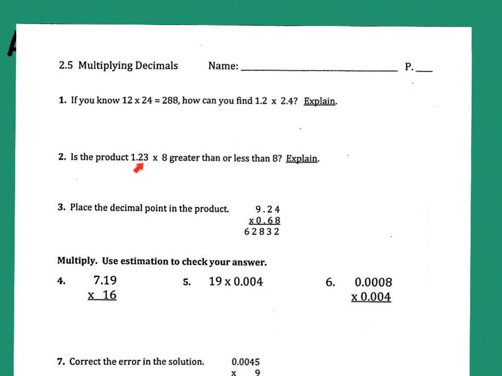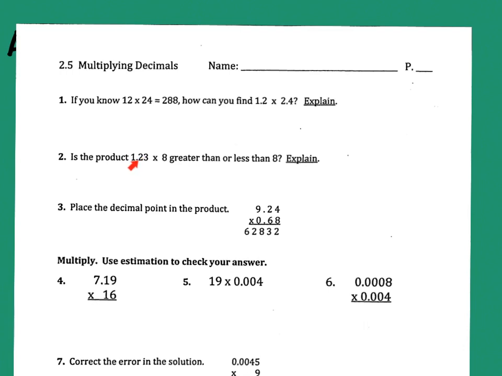Is the product of 1 and 23 hundredths times 8 greater than or less than 8? Okay, so let's talk about this. We know we're timesing it by an 8. This number right here is 1. Well, what's 1 times 8? 8.